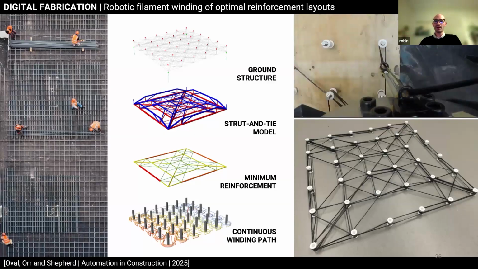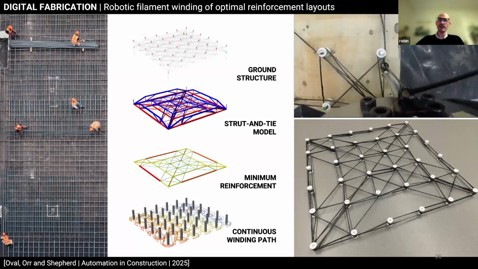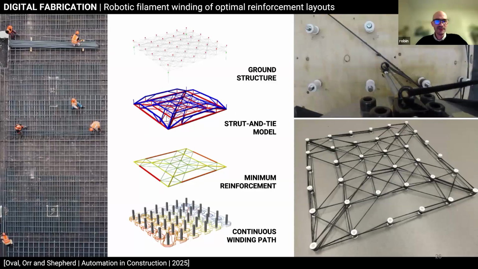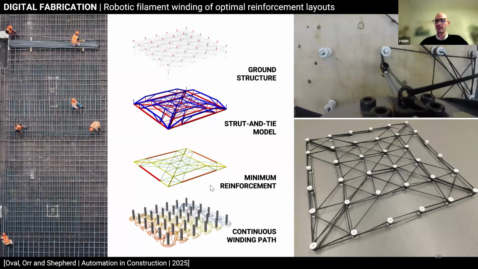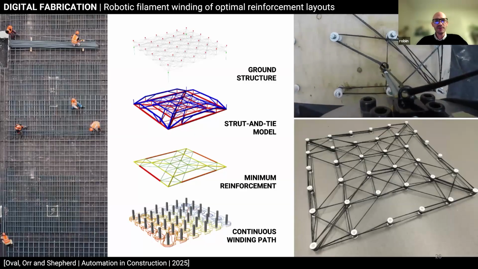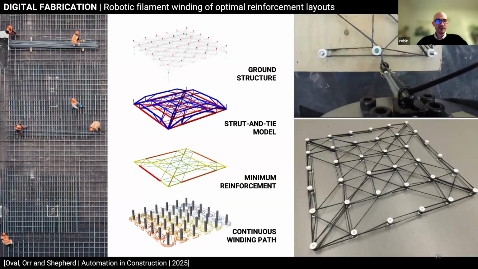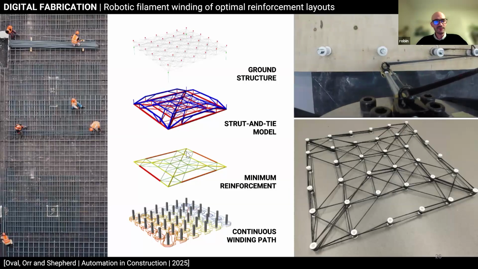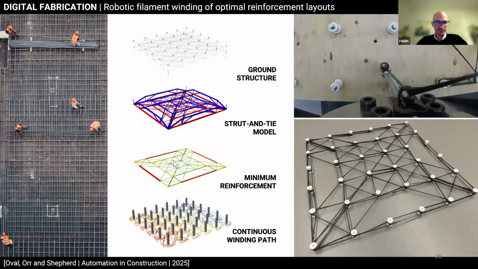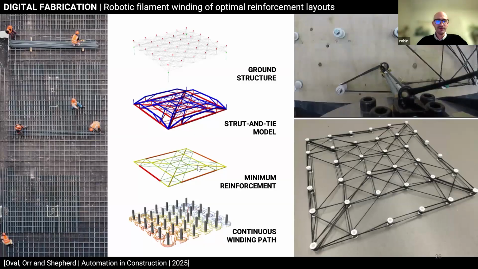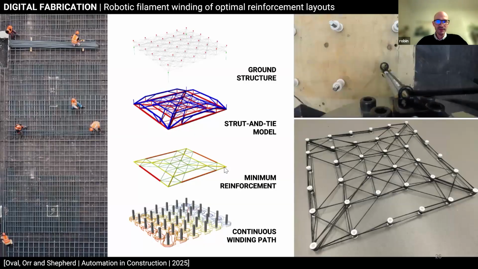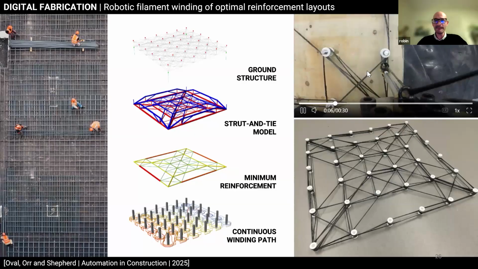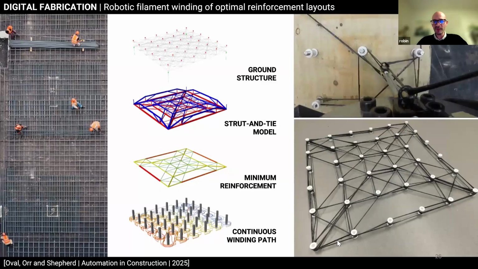In that case, using a robot to wind around a set of pins, we can produce this complex pattern in the middle that can come from a structural optimization logic, where you can try to minimize the volume of reinforcement and follow more complex load paths. A bit like spraying concrete for the ribs before, you travel through the elements because you want filament material continuity. Then you can produce something as complex as this.